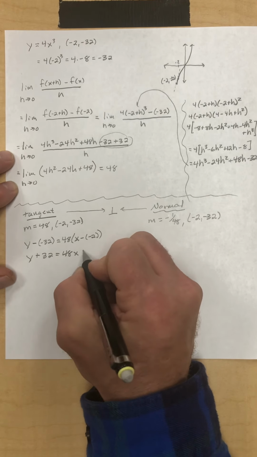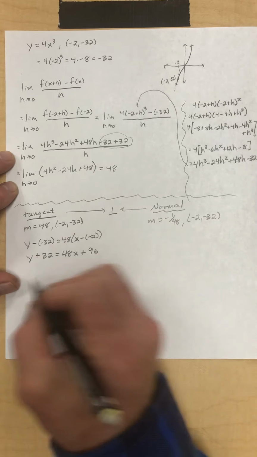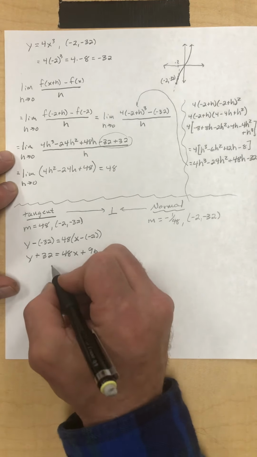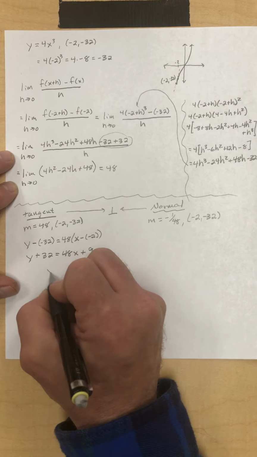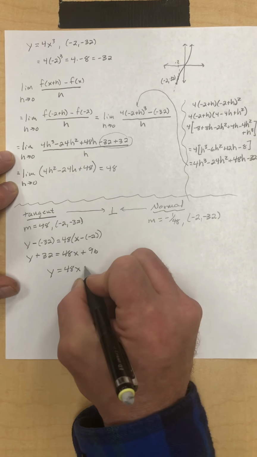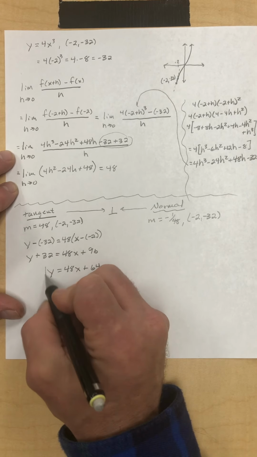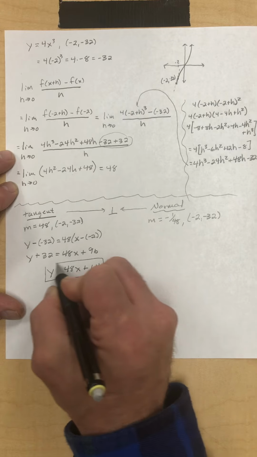This would be plus 48 times 2, which is 96. And then I'm just going to put it in slope-intercept form because it's easier to do. So subtract 32 from both sides. y equals 48x. That would be plus 64. And we're good. There's the equation of our tangent line.